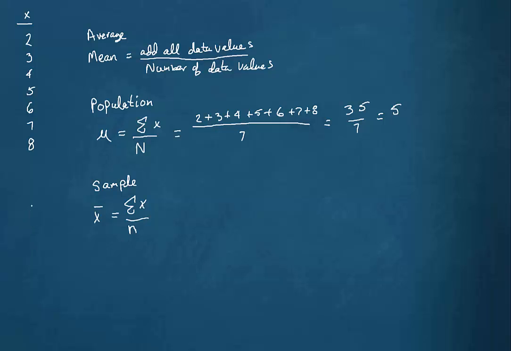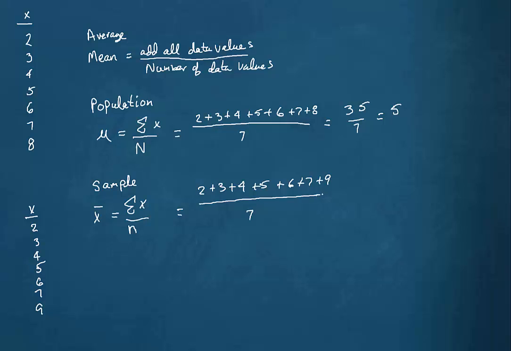Let's take another set of data. Let's suppose we have the data set 2, 3, 4, 5, 6, 7, and 9. Okay, the mean then, whether it's a population or a sample, doesn't matter. The process is still the same. Add the data values, 2 plus 3 plus 4 plus 5 plus 6 plus 7 plus 9, and then divide that by the number of data values.